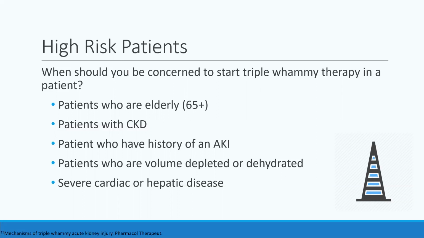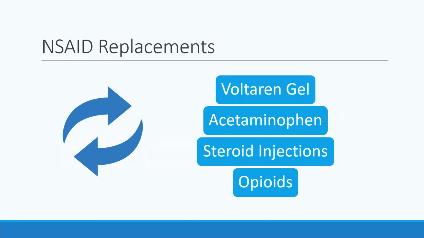So if you have a patient who's already on an ACE or an ARB with a diuretic, there are replacements that you can use instead of NSAIDs, to avoid this triple whammy therapy AKI. You can use Voltaren or diclofenac gel, use Tylenol or acetaminophen, use steroid injections, or in the more severe cases, use opioids to treat their pain.